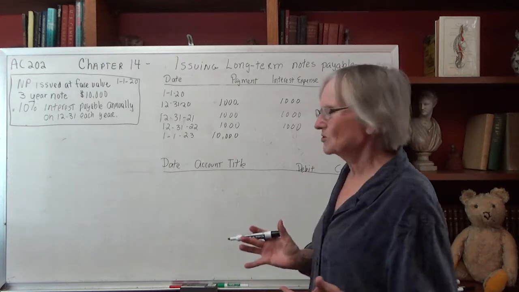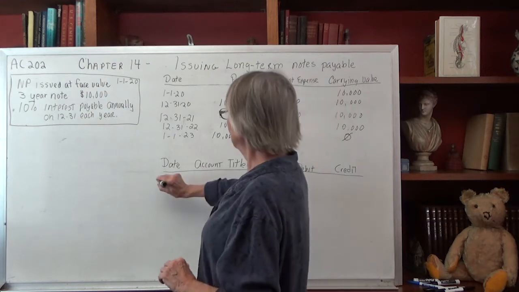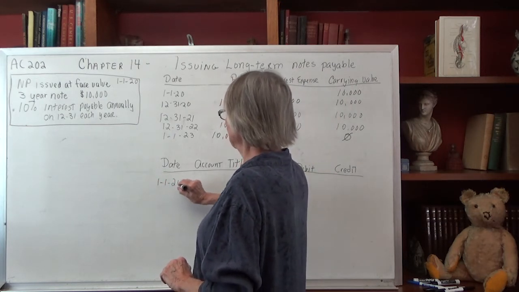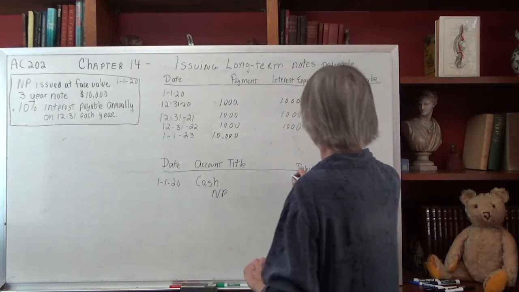So in this instance, when we go to make the journal entries, we've got the basis for them here. On 1/1/20, we get the cash, and we've got a note payable of the $10,000.